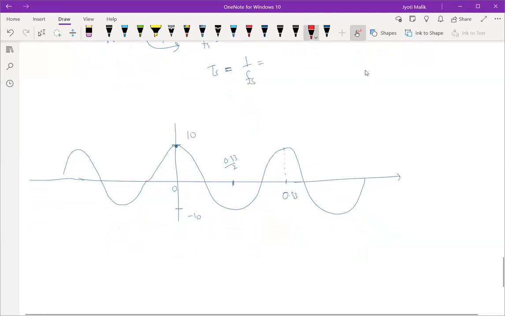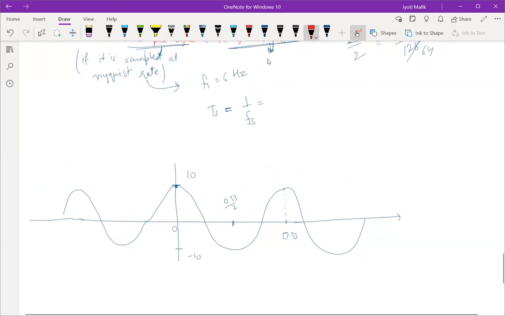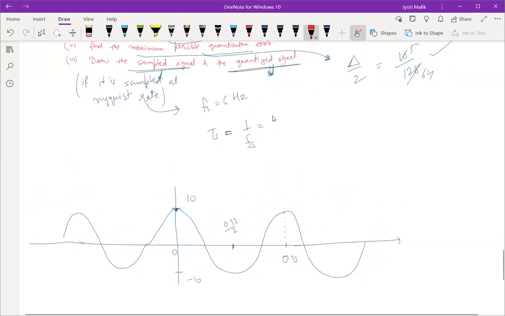So we just have to draw the sampled signal. You have the sampling interval as 1 by 6, which is 1 by 2 times 1 by 3. This is Tm, so it is 0.33 times 2. Here, this is your Ts value, right? You have to take the samples after every Ts time.